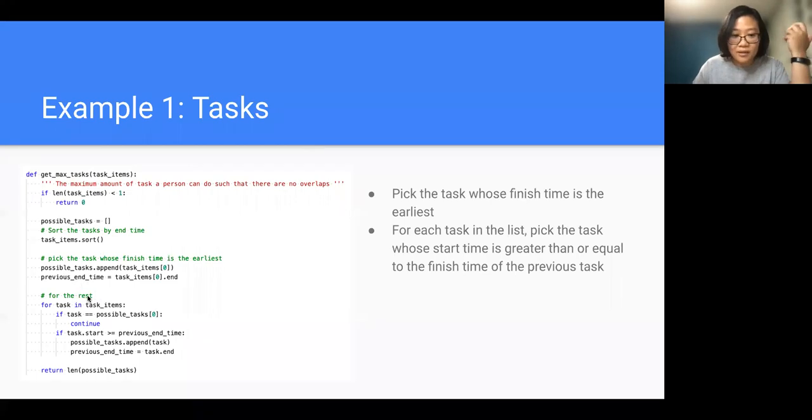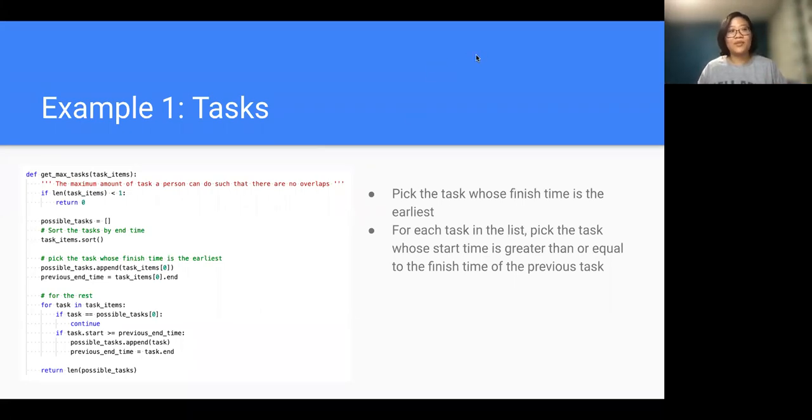And for the rest, I go through the tasks, and when I encounter a task, I ask: is the start time of this task that I'm looking at greater than or equal to the previous end time that I've just looked at? If it is, I add it to my schedule, and do it until I've gone through all the tasks. So this is how you think about greedy algorithms.